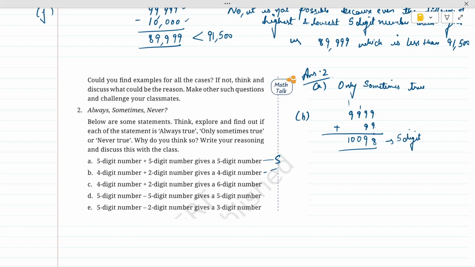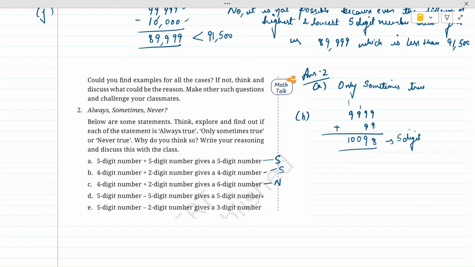So we may have scenarios where we are adding a 4-digit number to a 2-digit number and we may get a 4-digit, but we may also get a 5-digit number. So this is also sometimes true. Next is: a 4-digit number plus a 2-digit number gives us a 6-digit number. It is never true. This is not possible. We can easily make out from this.